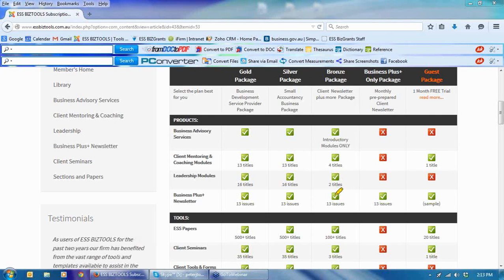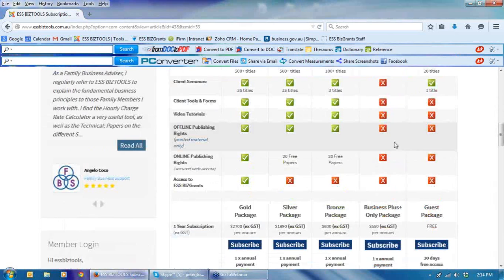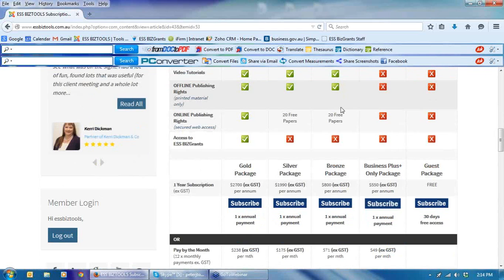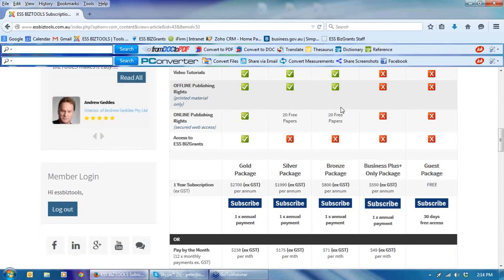So if you're subscribing to any one of those three packages, you don't have to pay any further subscription. There is a Business Plus only package, the 13 issues, that is available for a subscription of $550 plus GST to obtain the 13 Business Plus newsletters that are produced each year.